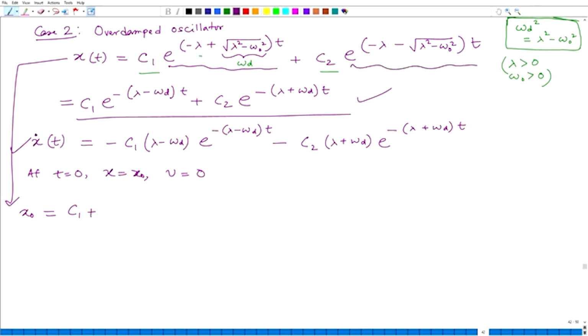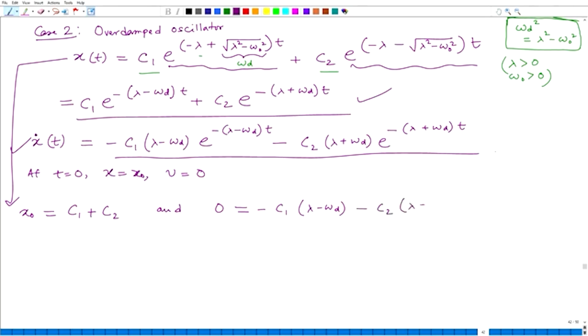So it will be simply x0 equal to C1 plus C2. And v0, which is equal to 0 actually, so 0 will be equal to this thing at t equal to 0, and that will be again minus C1 (lambda minus omega d) minus C2 (lambda plus omega d).